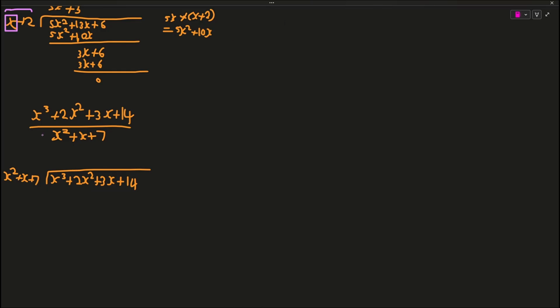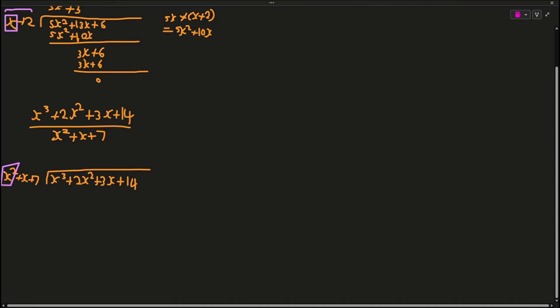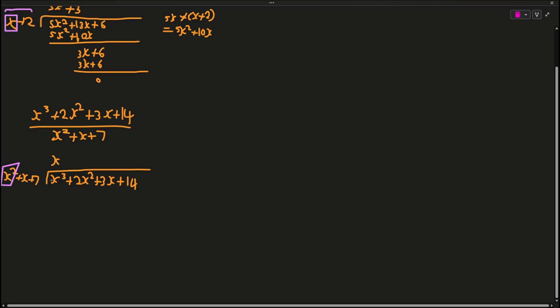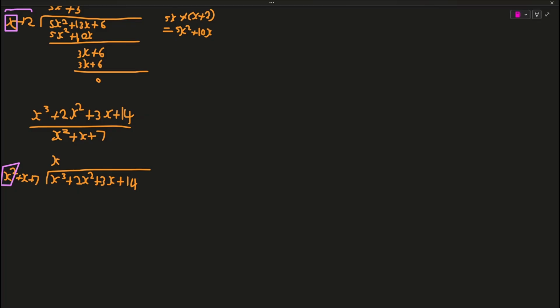And again, we're going to focus on the first term. All right. So how many x squareds go into x cubed? So you can get x, since x times x squared gives you x cubed, and that's that.